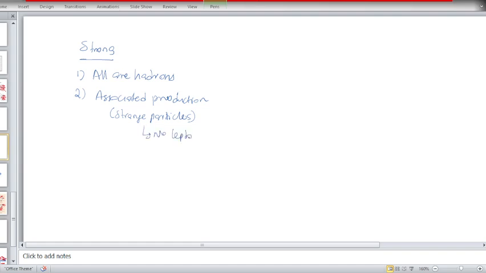No leptons here. In that case also, because we have already discussed, the strange particles are always created in strong interaction. So when it is associated production of strange particle, then that might be a strong interaction.